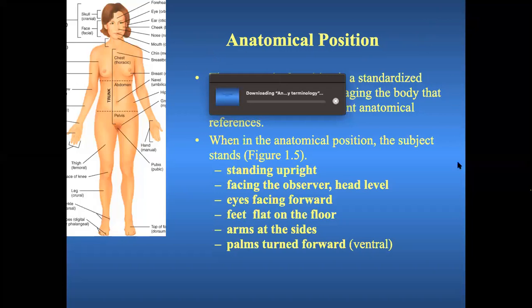Can you all see the screen? Ma'am, there's a dialog box on the screen, so you need to shut that. Which one? Ma'am, there's a downloading anatomy terminology. Okay, one second. I could not see anything like that.